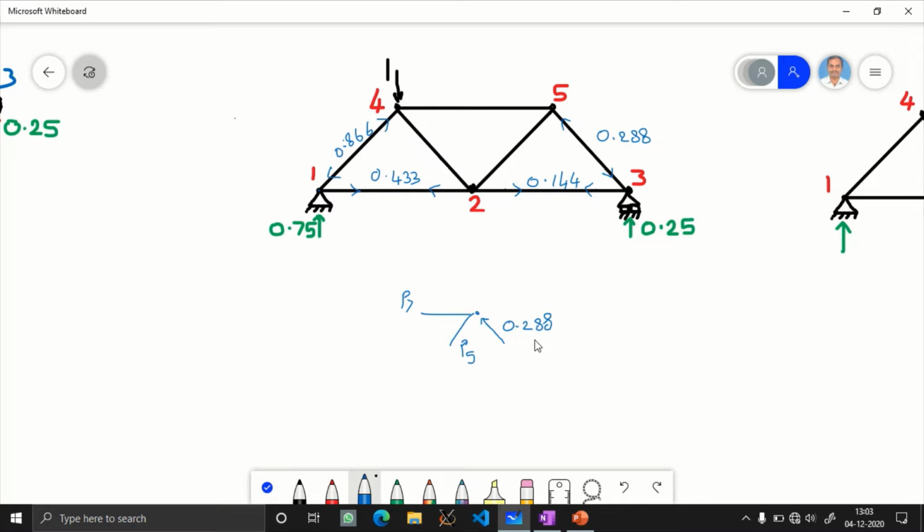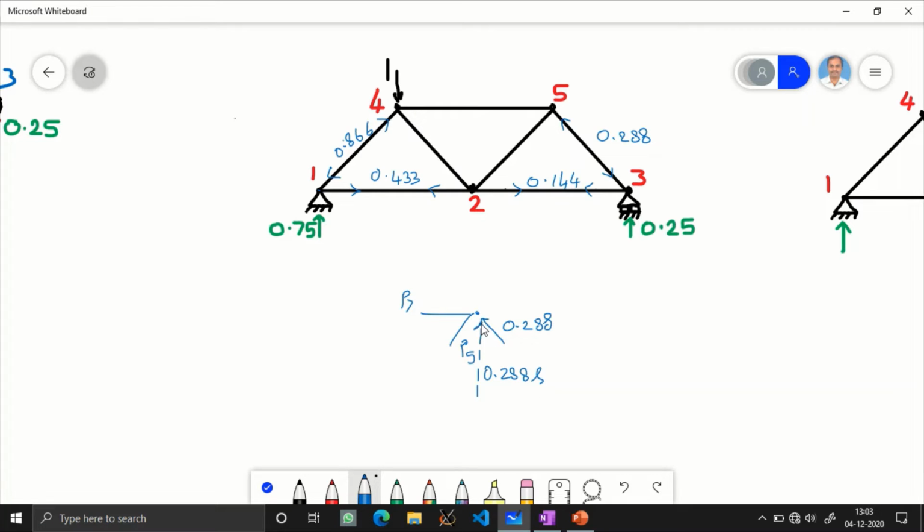We will consider the vertical equilibrium first. For vertical equilibrium, the component of 0.288 is 0.288 sine theta.